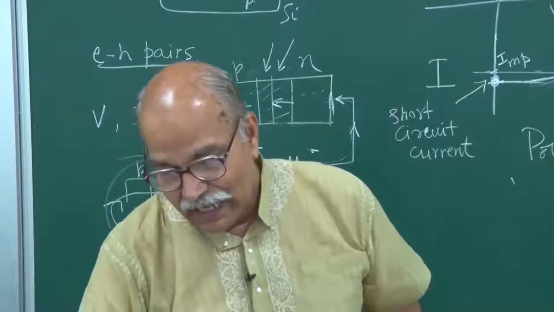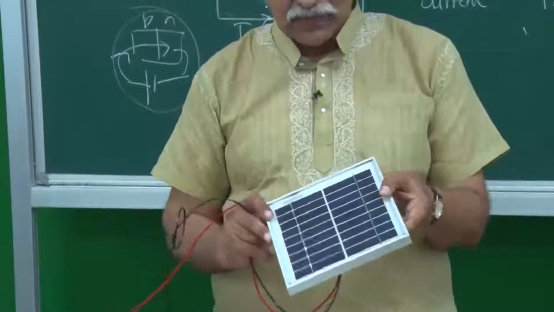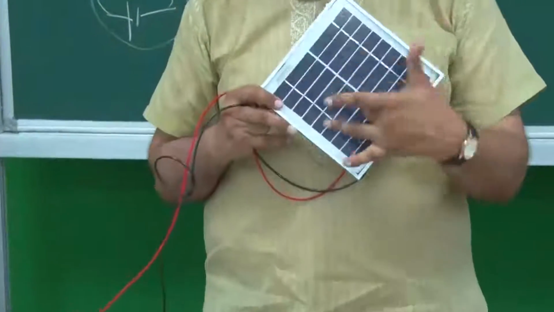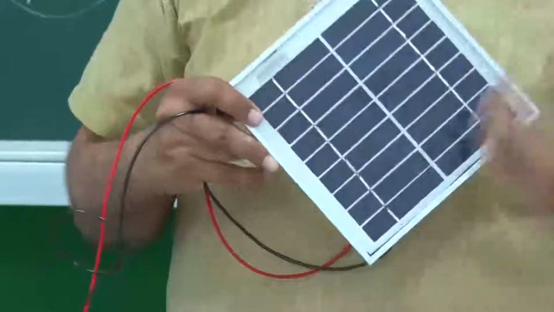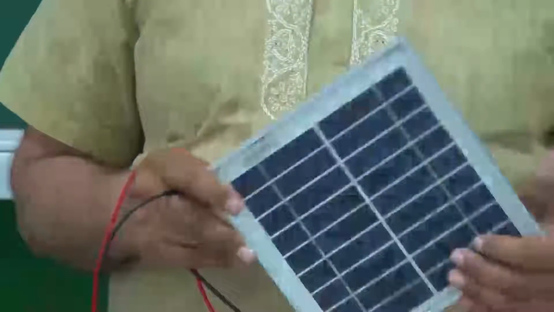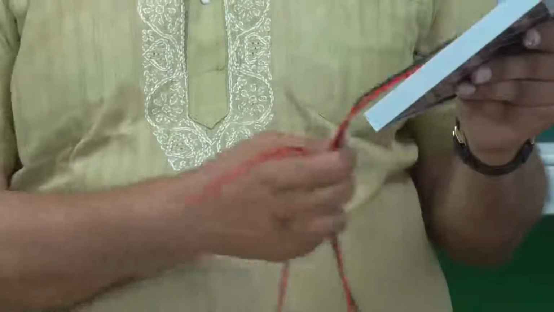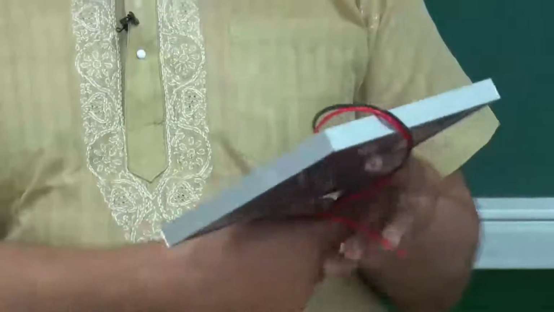So, I have a solar panel for you. This is a solar panel. A panel means a combination of all those solar cells in series and parallel and all those things. And on the other side we have these two wires coming out, and I can show you the specifications also.